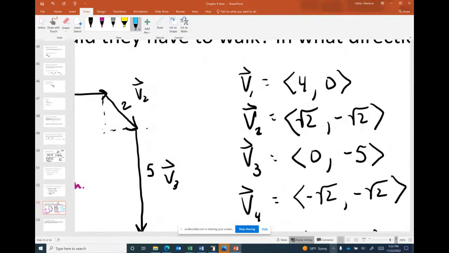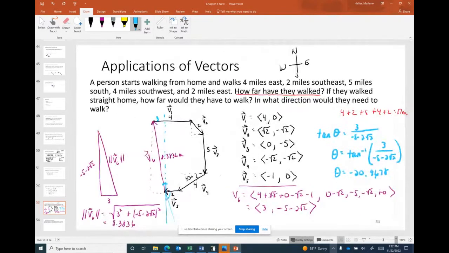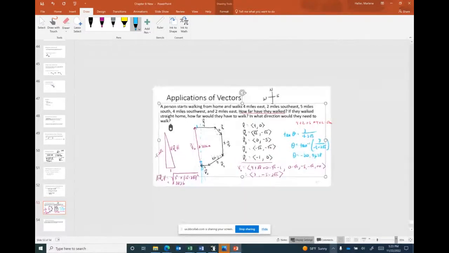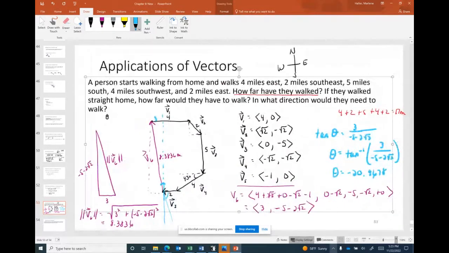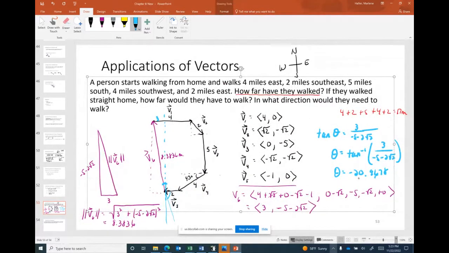Let's try that. Oh, my goodness. The computer is not a happy one right now. All right. So the answer we want to say is 20.9678 degrees, it's almost 21 degrees, and we're going west of north.